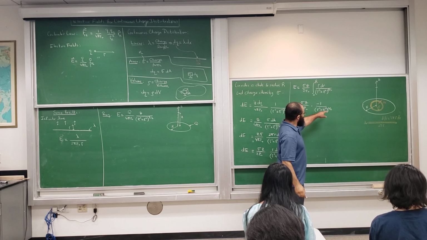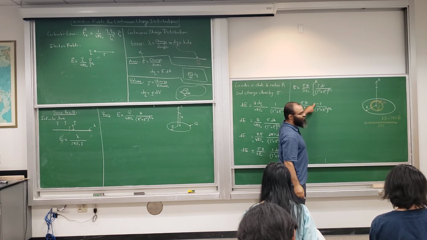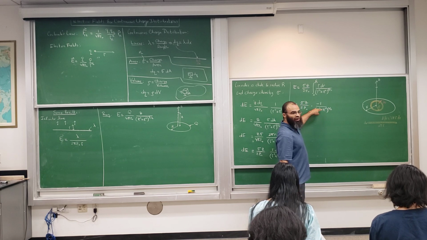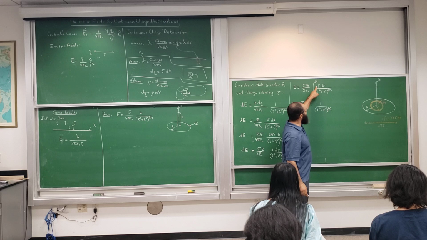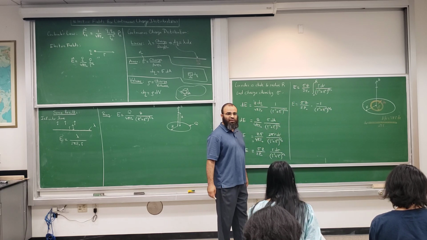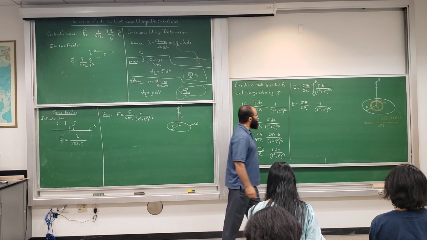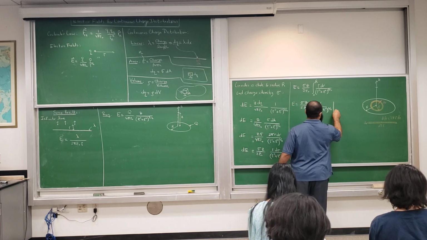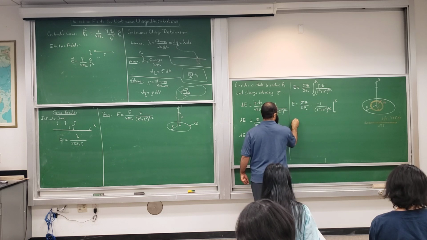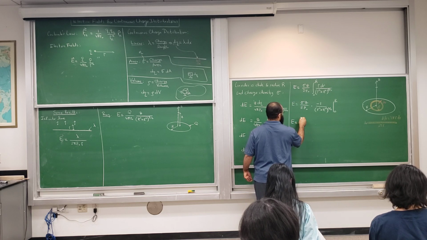Because when you take the derivative, you get negative 1/2, canceling that, and the chain rule gives you the 2r dr, which cancels the 1/2, leaving r dr. So that's the right antiderivative. Then you just evaluate between 0 and capital R.